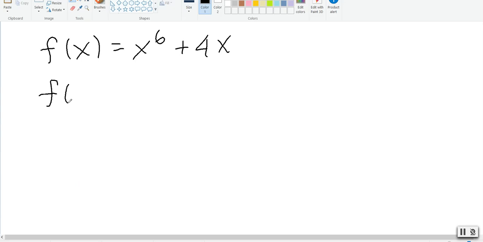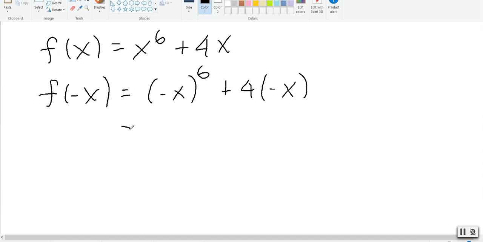F of negative x would be negative x in parentheses raised to the 6 plus 4 times negative x. That's going to give me x to the 6 minus 4x.